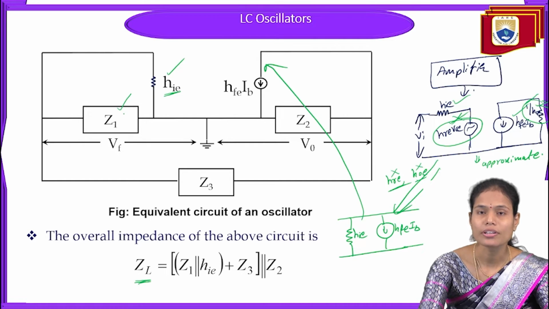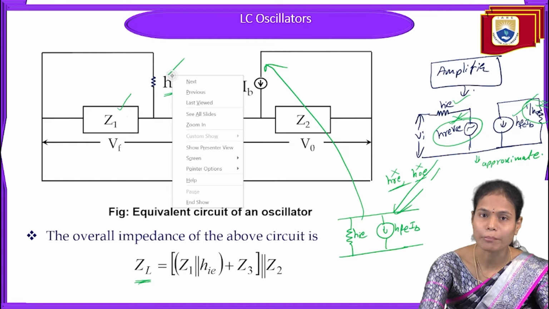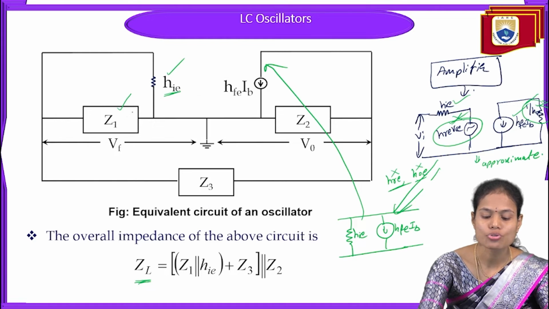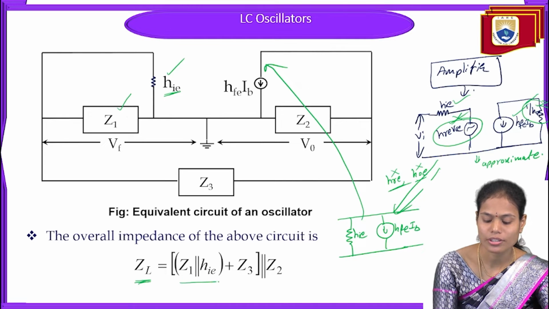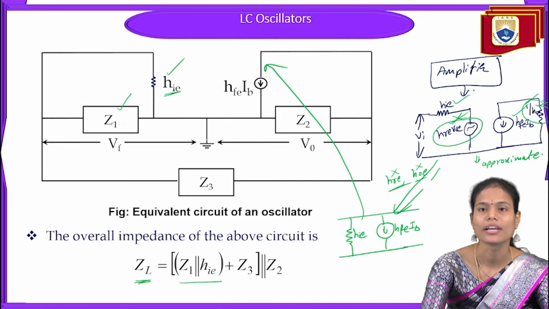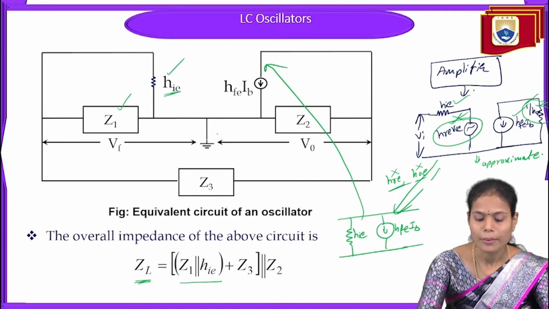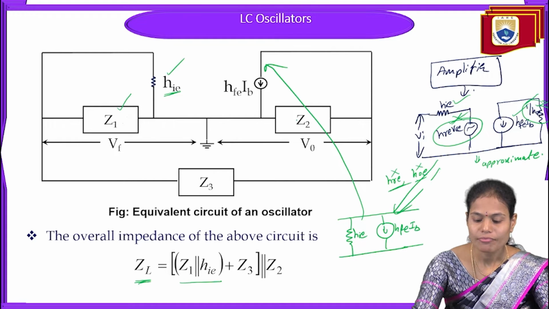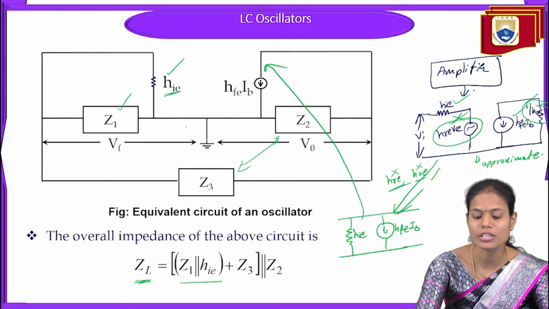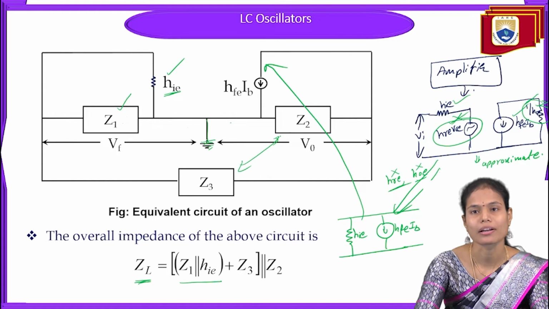Here Z1 belongs to the feedback network and hie belongs to the amplifier circuit, and these two are in parallel. So that's why we write Z1 parallel with hie, and again we have these two impedances in parallel. Why? Because in between these two impedances we have made a ground. So that's why these two are in parallel now.